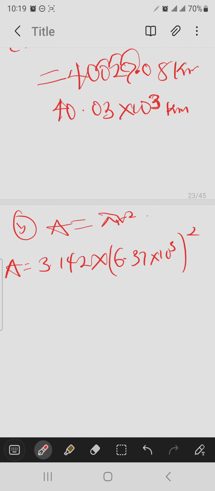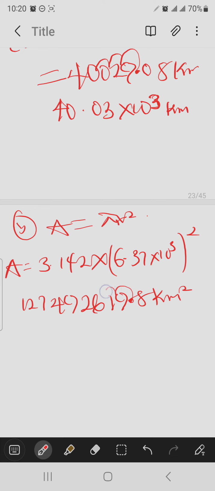So when you do this, you are going to have 127,4936 19.8 square kilometers.